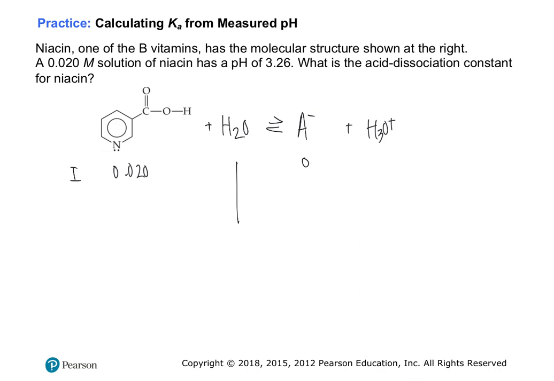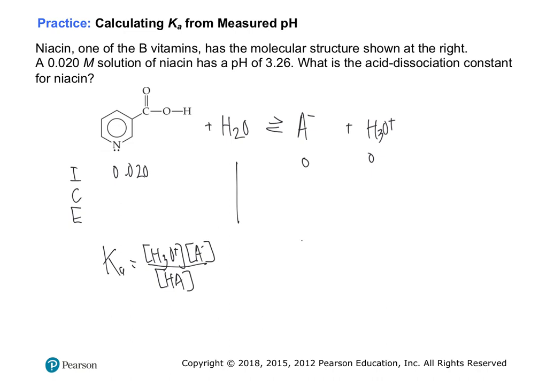And then I don't have any of my products. Okay, great. So let's find the Ka expression. So it'll be hydronium, products over reactants, times the deprotonated niacin over niacin. It's called HA.